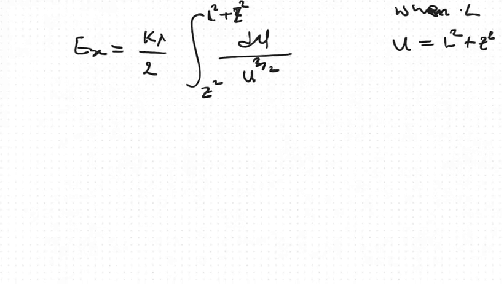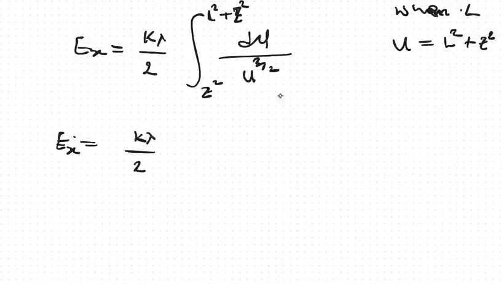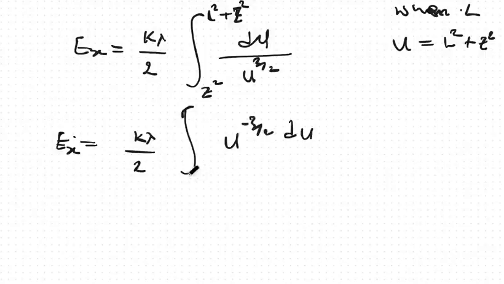So let's solve further. You have that EX is equal to k lambda over 2, then this is same thing as the integration of u to the power negative 3 over 2 du from z squared to L squared plus z squared.